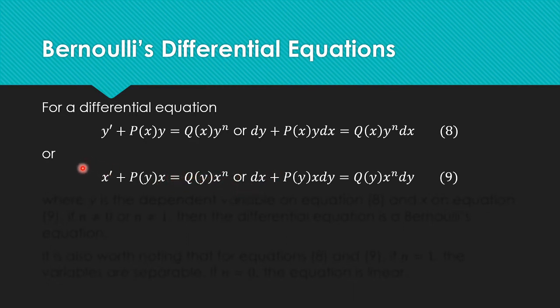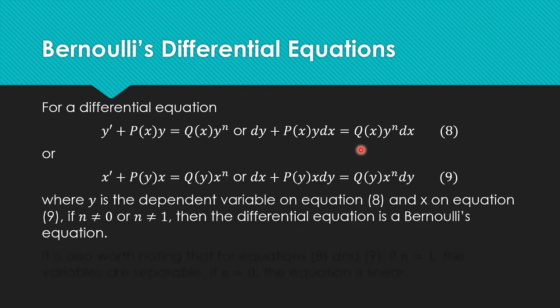Or, pag ginawa natin yung kanina sa nasa taas, we have dx over dy, tapos multiply natin yung whole equation by dy. Magkakaroon tayo ng dx plus p of y x dy is equal to q of y x raised to n dy.